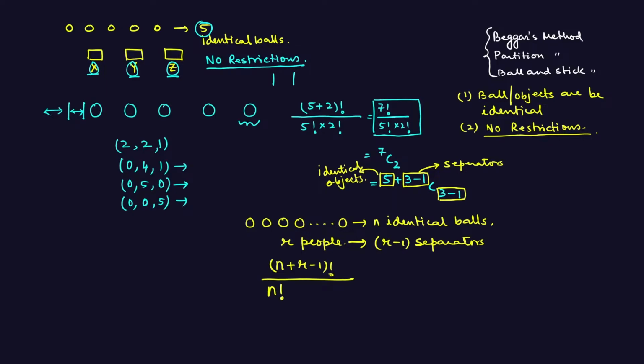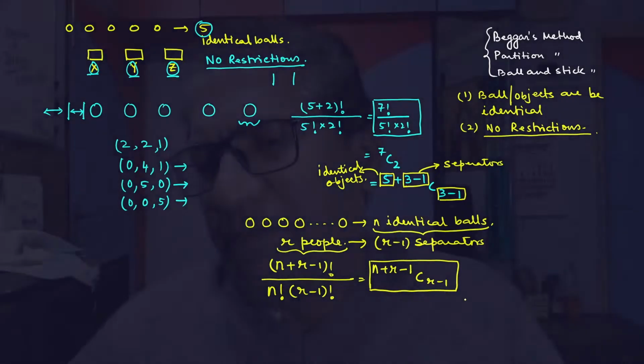And all these R minus 1 separators are also identical, so you have to divide by factorial R minus 1, which can also be written as n plus R minus 1 C R minus 1. So this is the total number of ways of distributing n identical balls among R people.